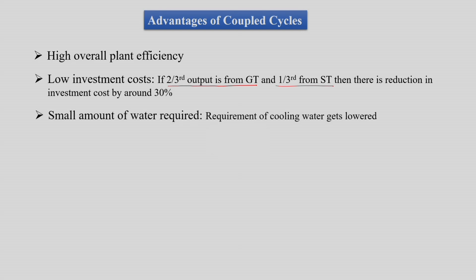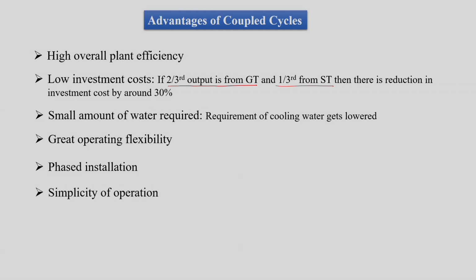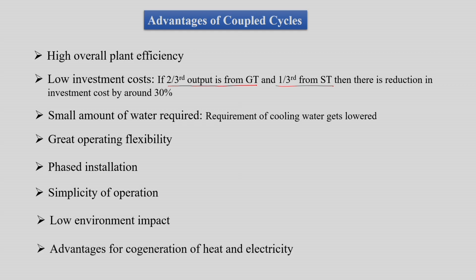A small amount of water is required for cooling, so the water requirement gets reduced. We have great operating flexibility when we have two cycles coupled with each other. We can also have installation in phases for the coupled cycle. We also have simplicity of operation, and lower environmental impact since the exhaust temperature would be lower in that case.